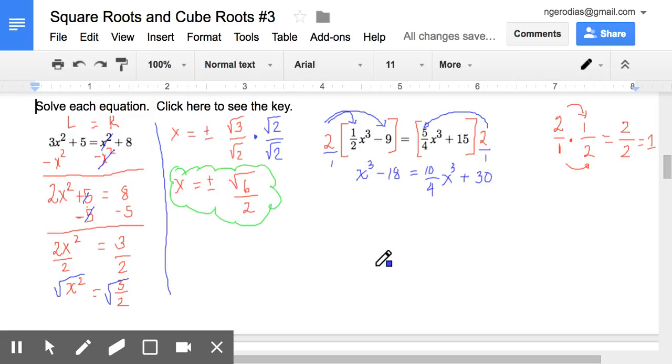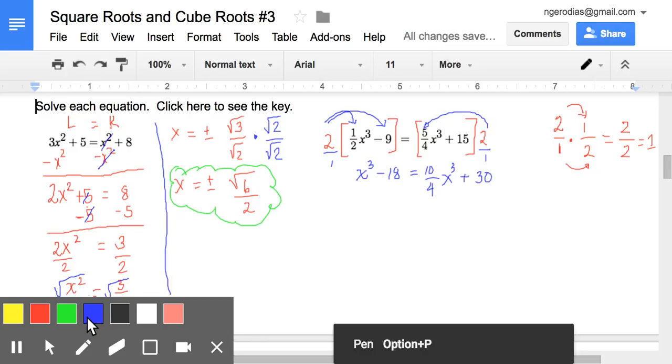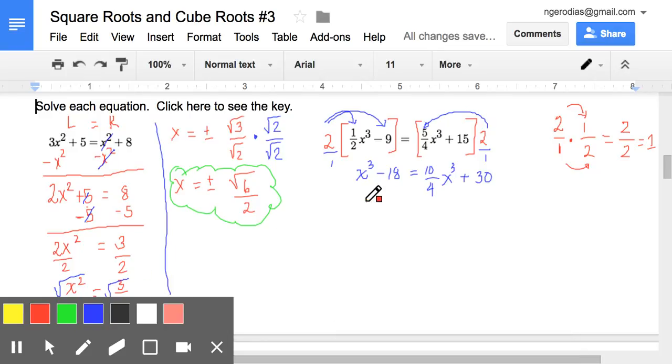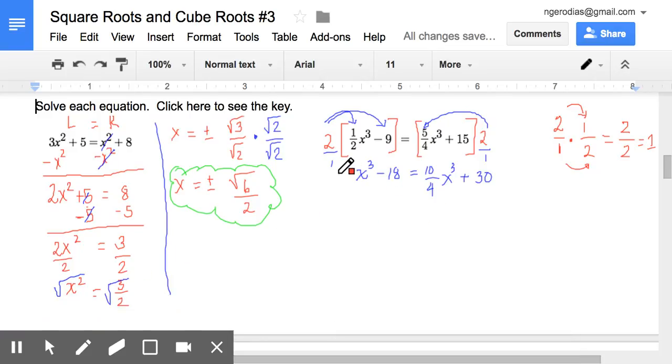All right, so now my equation has only one fraction left. Originally, there are 2 fractions. After multiplying both sides by 2, we only have 1 fraction. So I just want to get rid of that fraction, and in order to do that, I'm going to multiply the left side by 4 and the right side by 4.